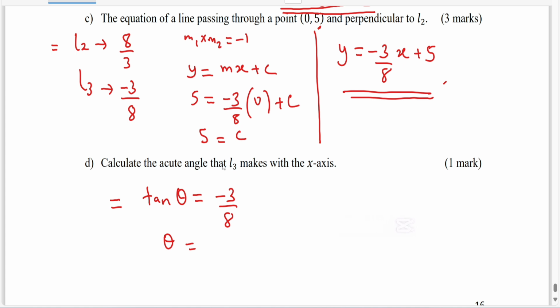So just do tan inverse of 3/8, and our theta is tan inverse of 3/8, which is 20.56 degrees.